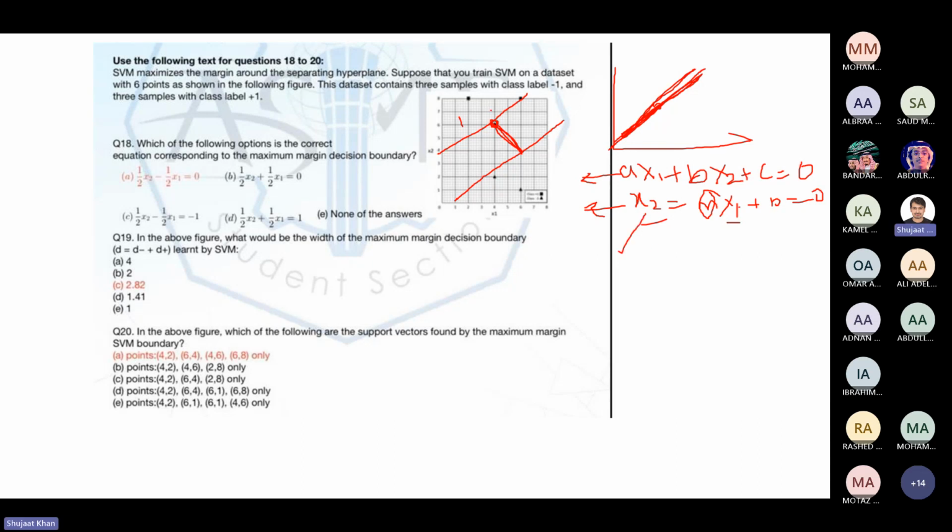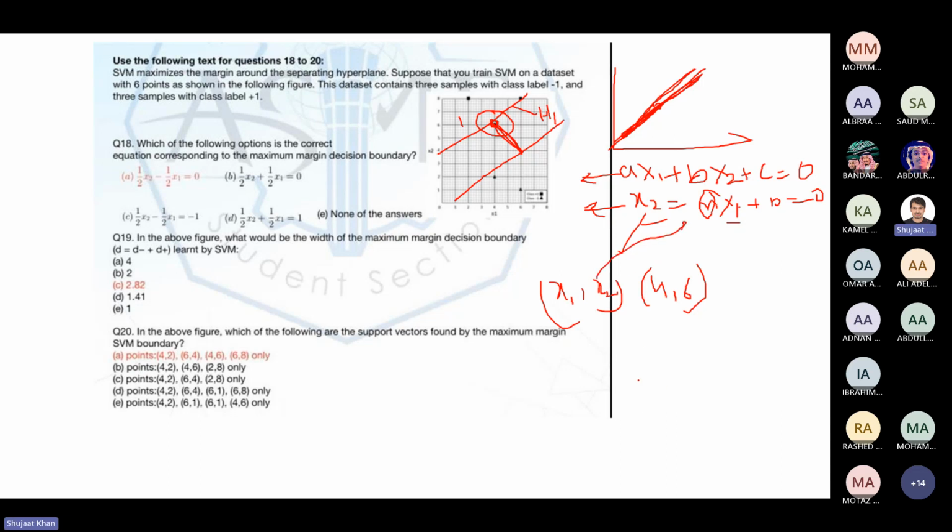So let's say I'm finding the equation of this hyperplane h1. This hyperplane is passing through this point, which is 4, 6. So x1 is 4 and x2 is 6. Let's put this here.